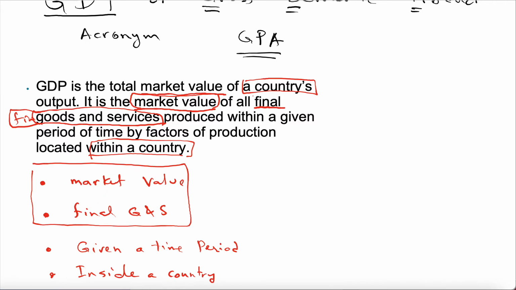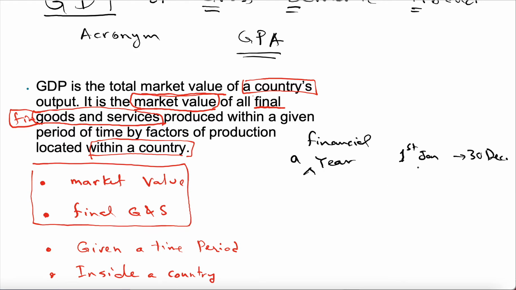So when we say given a period of time, it can be a year, and this year usually is financial year. So a financial year in Oman starts 1st of January to 30th or 31st of December.